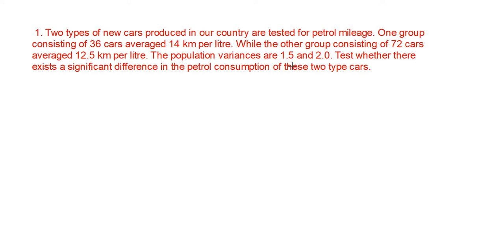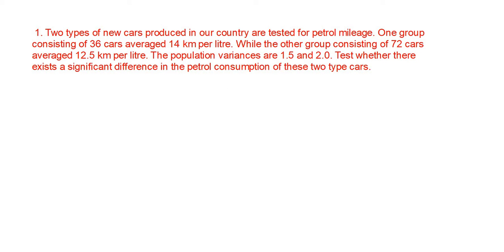Here we are going to test the difference between two averages, that is means. So it comes under the topic large sample test for the significant difference between two means, because the n values are greater than 30.